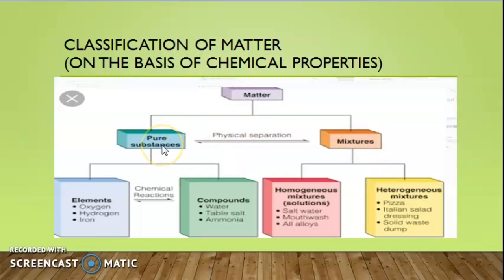A pure substance is a substance whose composition remains constant throughout; no impurity is present in it. And a mixture is a combination of two or more substances. Again, a pure substance is divided into two parts: element and compound. Elements are like oxygen, hydrogen, and iron. And compounds are water, table salt, ammonia.